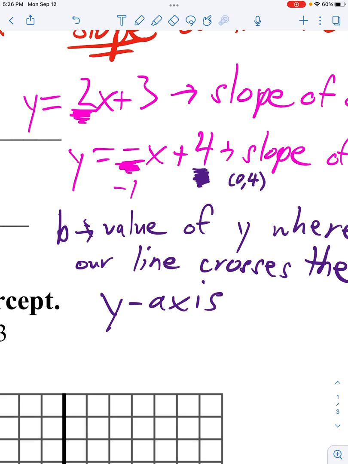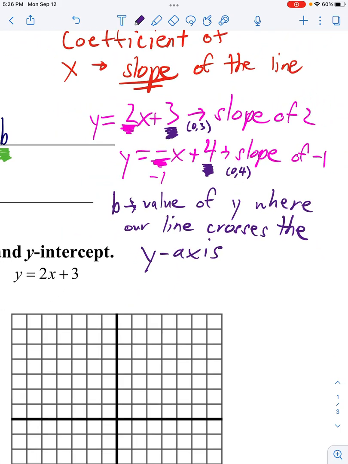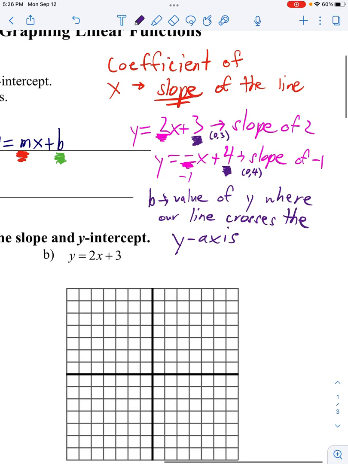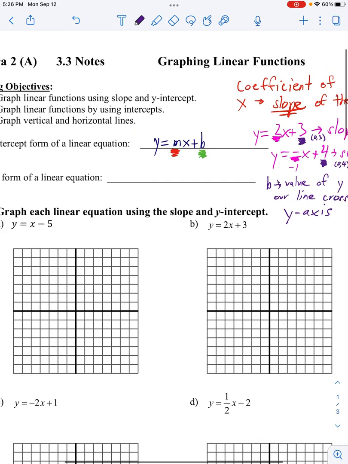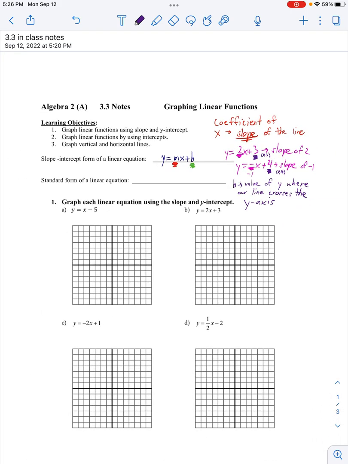Similarly, up here in this top equation, we have 3, so at the point 0, 3, this top line crosses the y-axis. We'll see more about that. So that's slope-intercept form. Send me an email, save your questions for Mr. Rushka if you have a question.